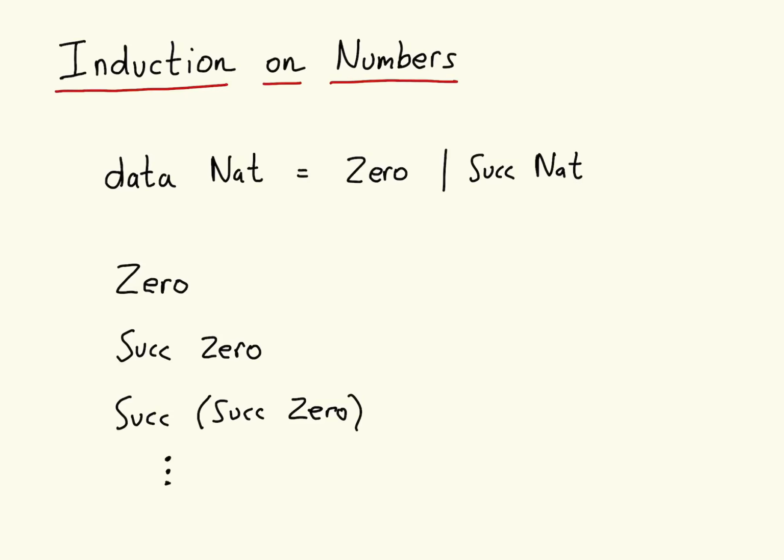One other small technical point to note before we move on: there is also an infinite value in this data type. We can define infinity as a Nat, and we could simply say that infinity is the Succ of infinity. If you were to unwind or run this definition, it would just print an infinite sequence of Succs.